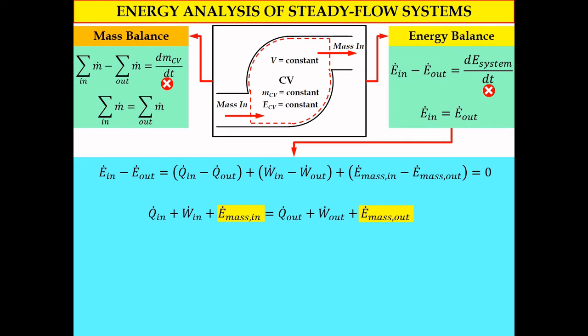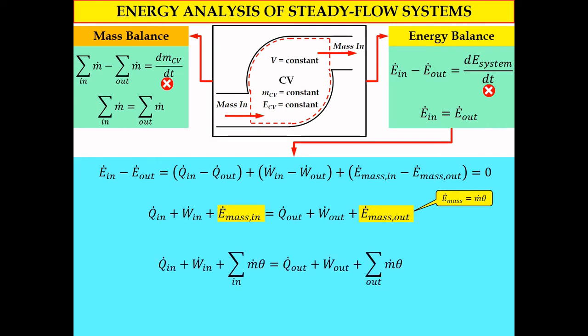So E dot mass in and also E dot mass out, in terms of formula, equal to m dot multiplied by the total energy of the flowing fluid, theta. If we substitute into the equation, we get Q dot in plus W dot in plus total m dot theta in equal to Q dot out plus W dot out plus total m dot theta out.